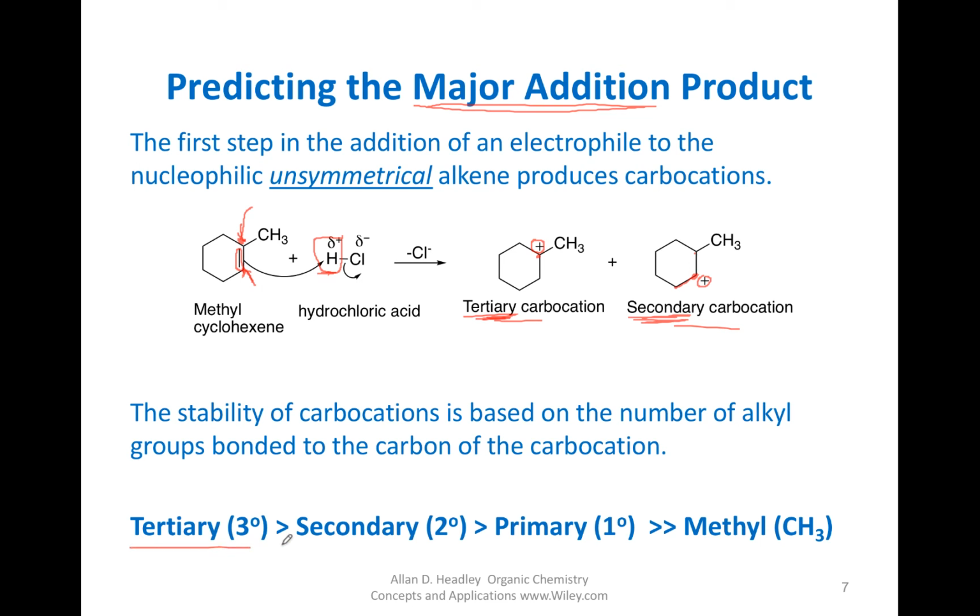Tertiary is more stable than the secondary, which is more stable than the primary, and a lot more stable than the methyl. So this is the trend for the stability of carbocations. Let's see what's the relevance of the stability here.